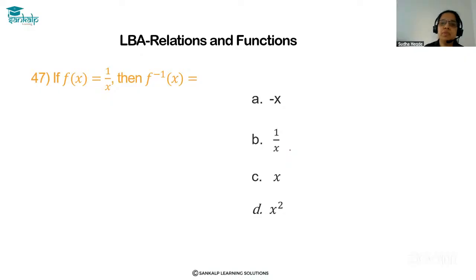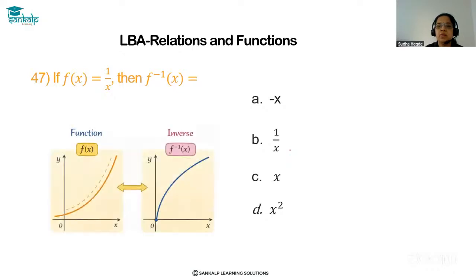Hi everyone. The question is, if f of x is equal to 1 by x, then f inverse x is equal to option A minus x, option B 1 by x, option C x, option D x square. Okay, so usual procedure.